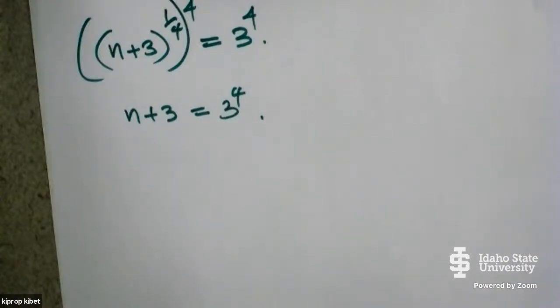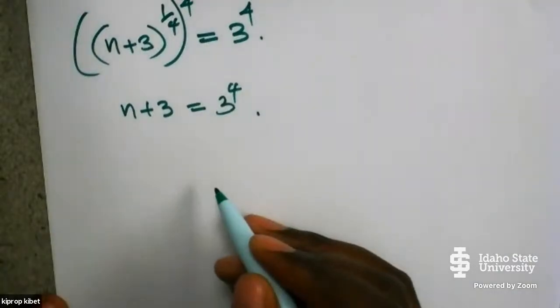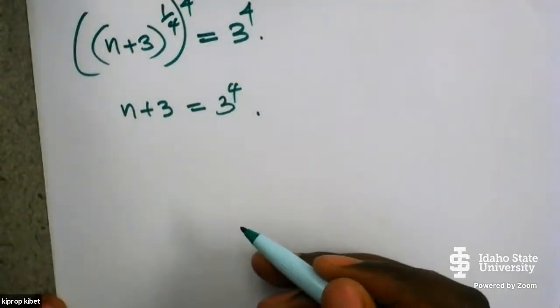So what do you do if you are raising to a power and then you raise again to a power? You multiply the powers there. So 1 over 4 times 4, you get 1. On the 3, you're not multiplying it by 4, you're raising it to the 4th power.